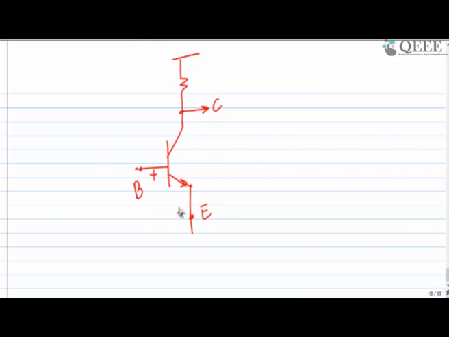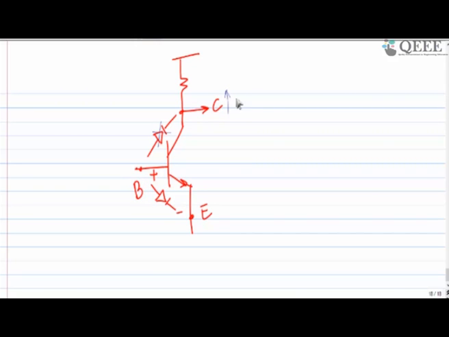To make this transistor work in active mode, base to emitter has to be forward biased and base to collector has to be reverse biased. So the collector voltage has to be higher than the base voltage or base to emitter voltage.